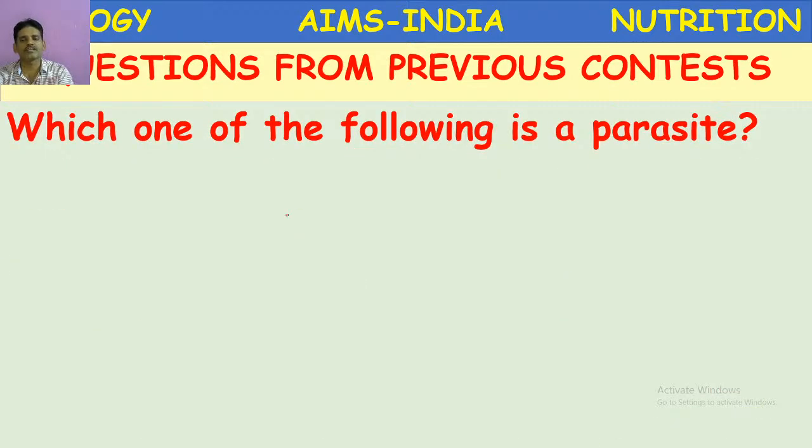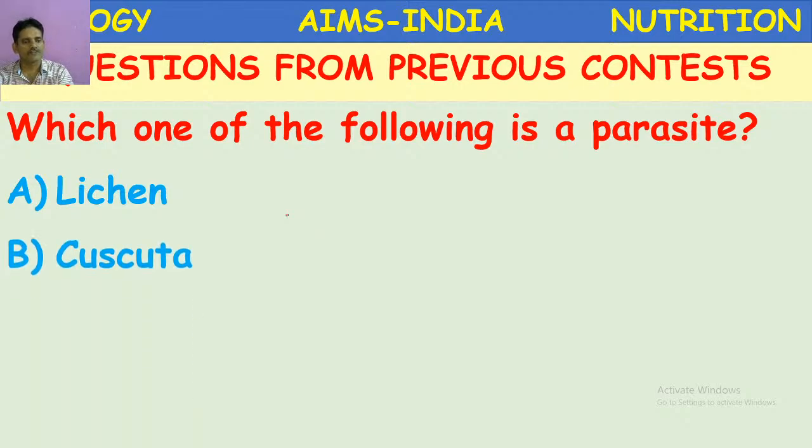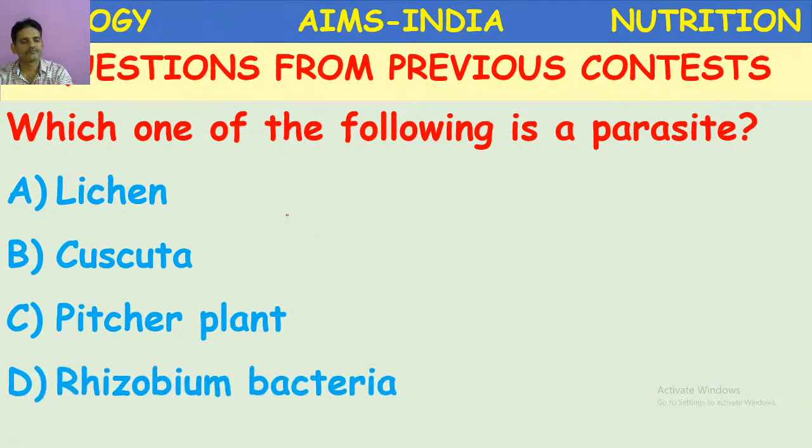Next, which one of the following is a parasite? Lichen, Cuscuta, pitcher plant, Rhizobium bacteria. Here, in the discussion of parasitic plants, we come across lichen, which is an example of symbiotic nutrition where algae and fungi are mutually associated.